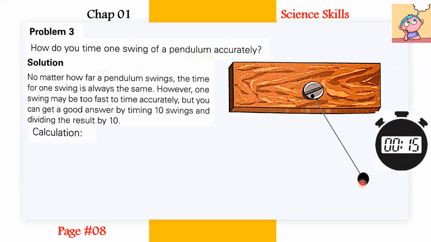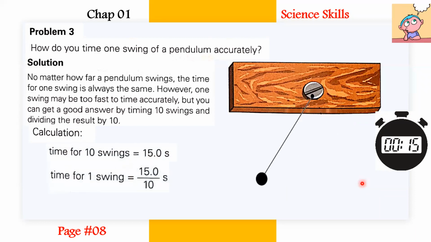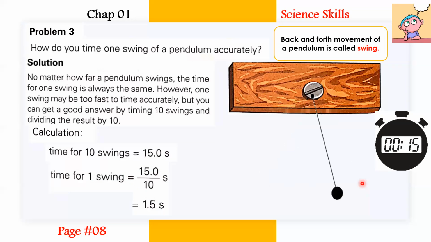Start the stopwatch, and say it takes 15 seconds for 10 swings. Divide 15 by 10 and you get 1.5 seconds. It means one vibration, or one swing, is completed in 1.5 seconds.